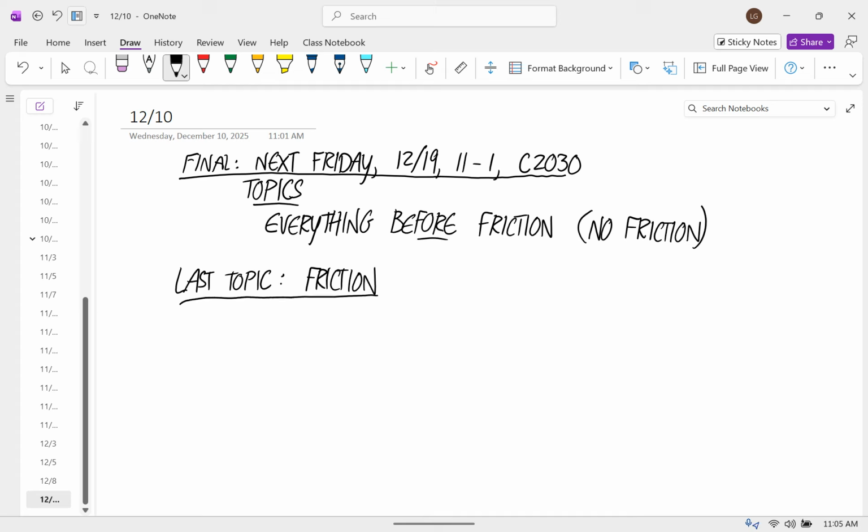And there are three sort of subcategories of friction that we're going to deal with. The first one is square threaded screws. The second one is belt friction.